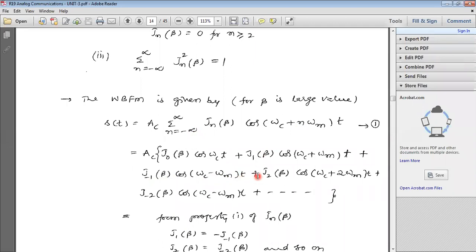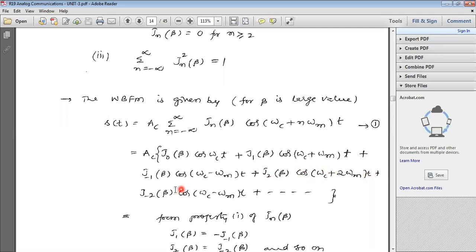Plus you take n as 2. Therefore it becomes J2(beta) cos(omega_c plus 2 omega_m) t. Plus, again you take n as minus 2.